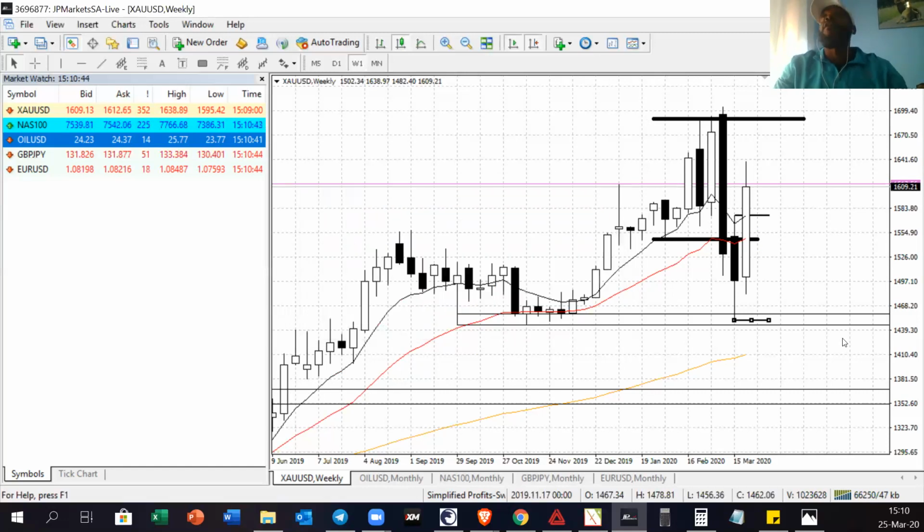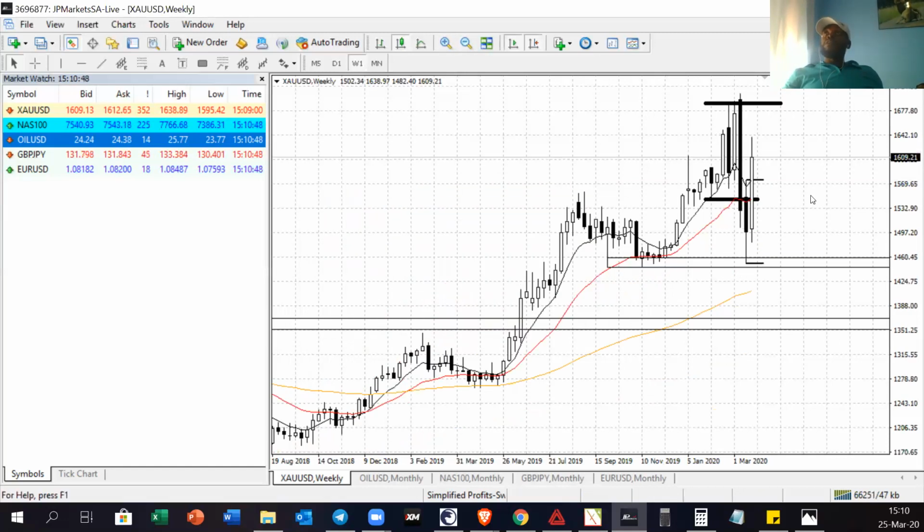So on the weekly chart, this is what we've been told. Last week's price made a lower low than the previous week, a lower low and a lower high, and it was trading below the 8 moving average and the red moving average, which is the 21 moving average.